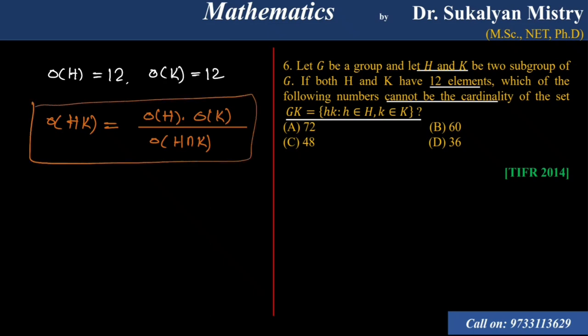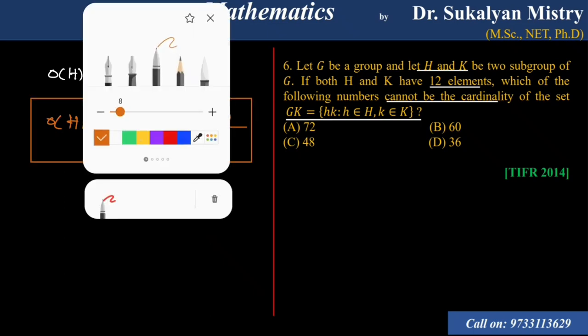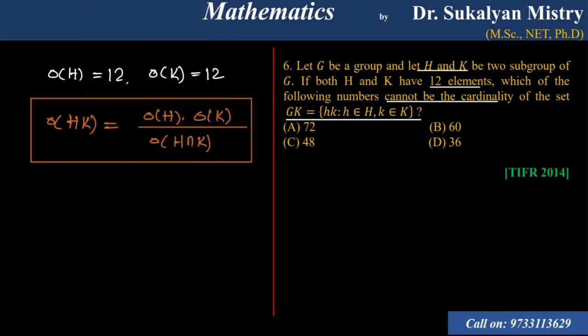So this implies order of H intersection K will be equal to order of H into order of K divided by order of HK.